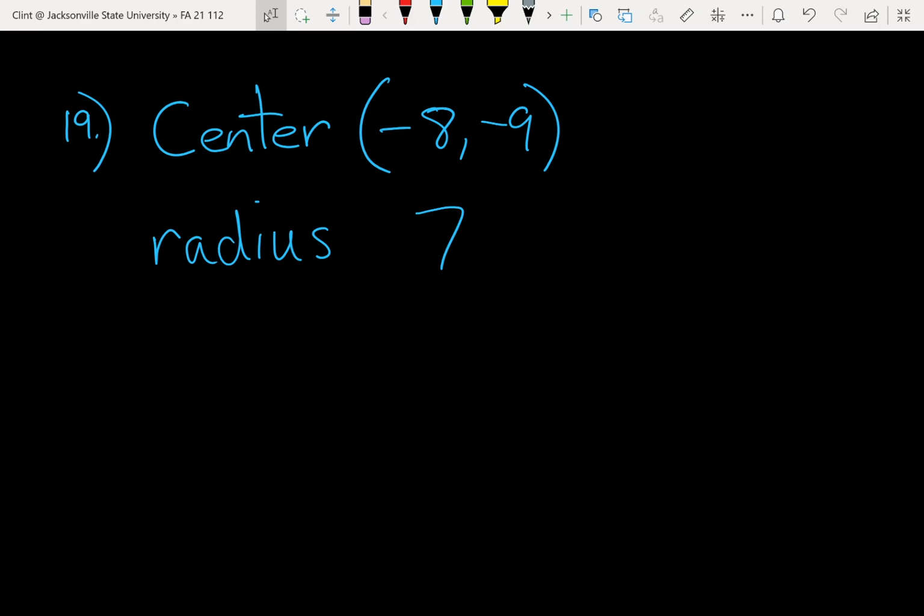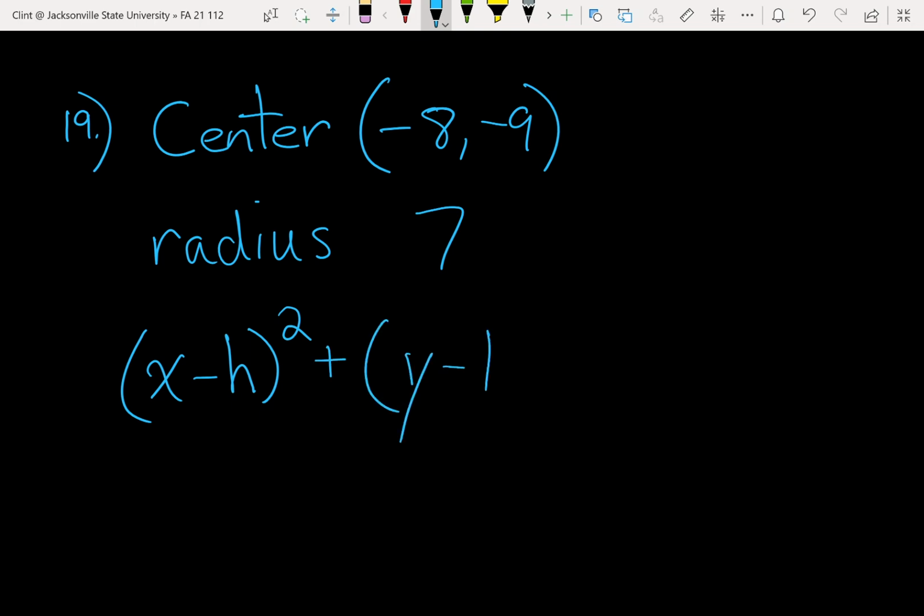That standard form of a circle will be the other thing on the formula sheet. So the formula sheet will have quadratic formula, standard form of a circle. So that should make this problem pretty easy.